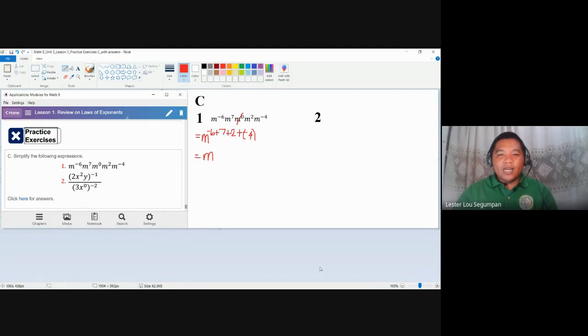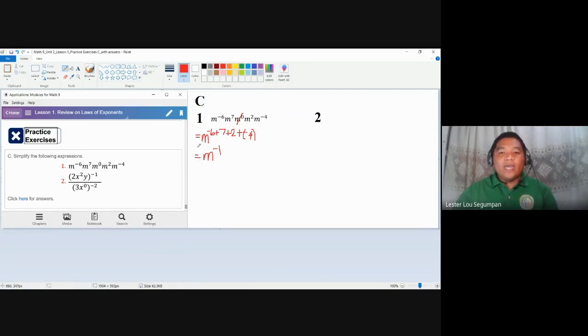In short, our answer here is m to the power of negative 1. Again, let us repeat. You have here negative 6 plus 7, which is 1, plus 2, which is 3, and plus negative 4, which is negative 1. So this is the result when we use the multiplication law.